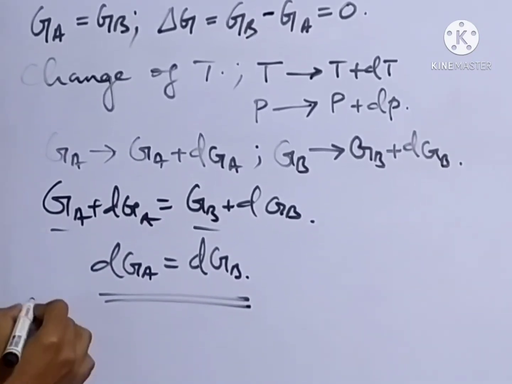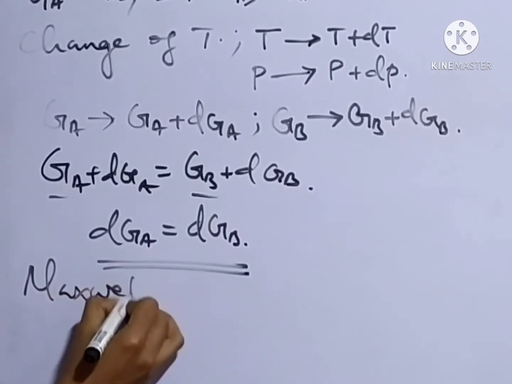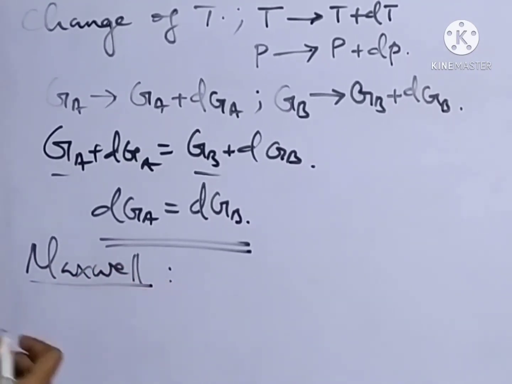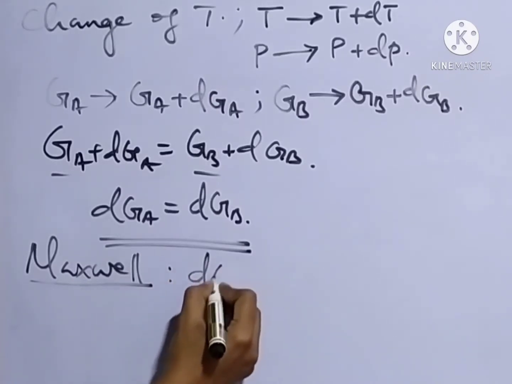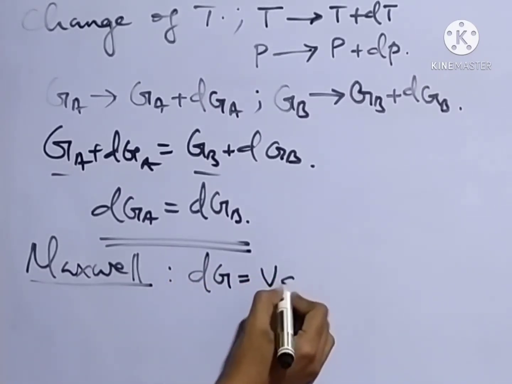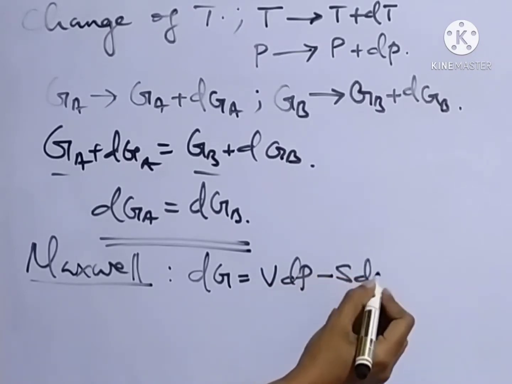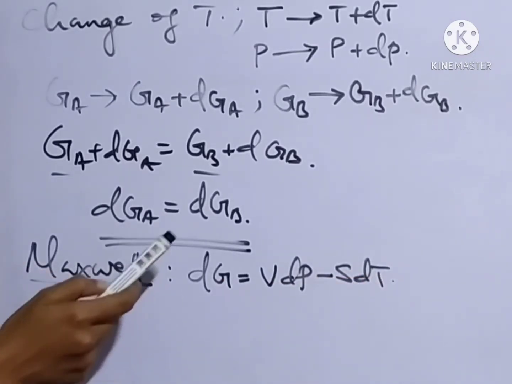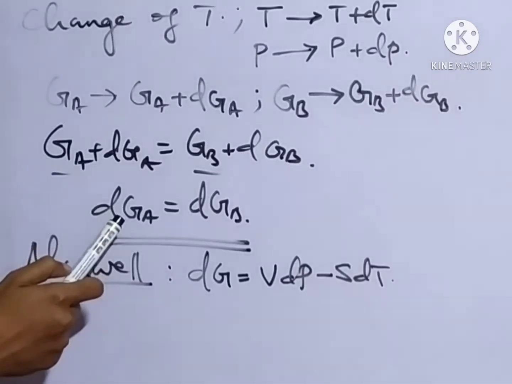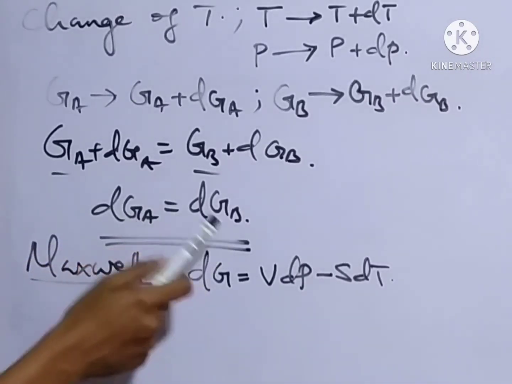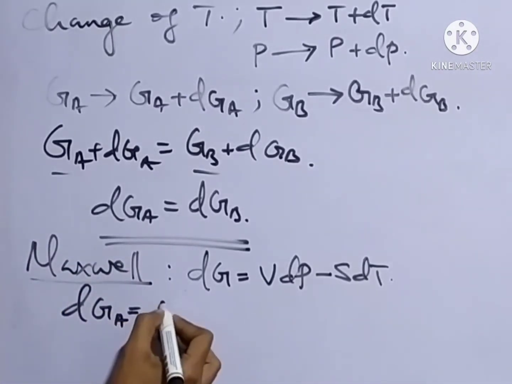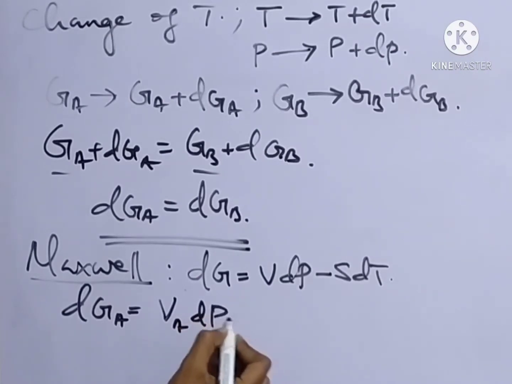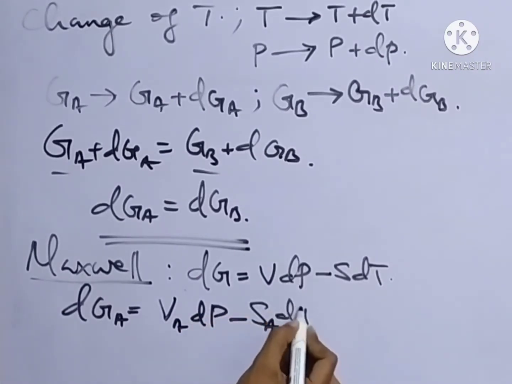Now, according to Maxwell's equations, we know there are 4 Maxwell equations, and the equation for change in free energy is dG equals VdP minus SdT. We can write the change in Gibbs free energy of physical state A and physical state B as dGA equals VAdP minus SAdT.